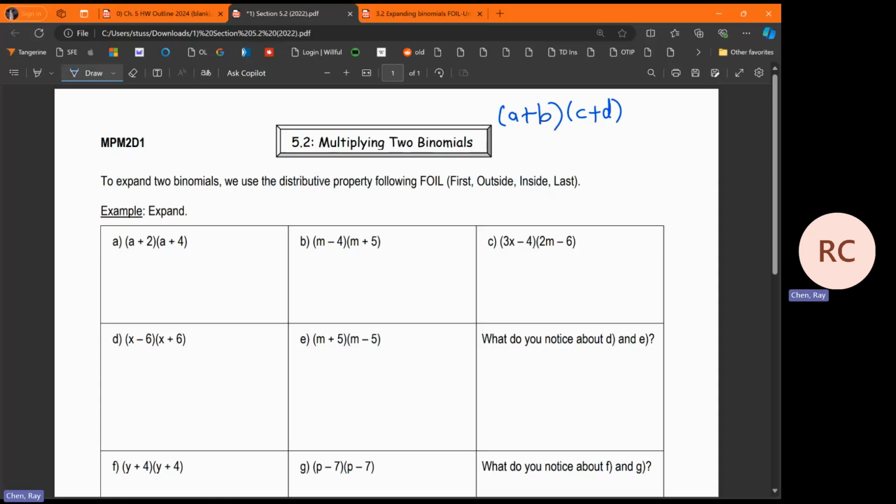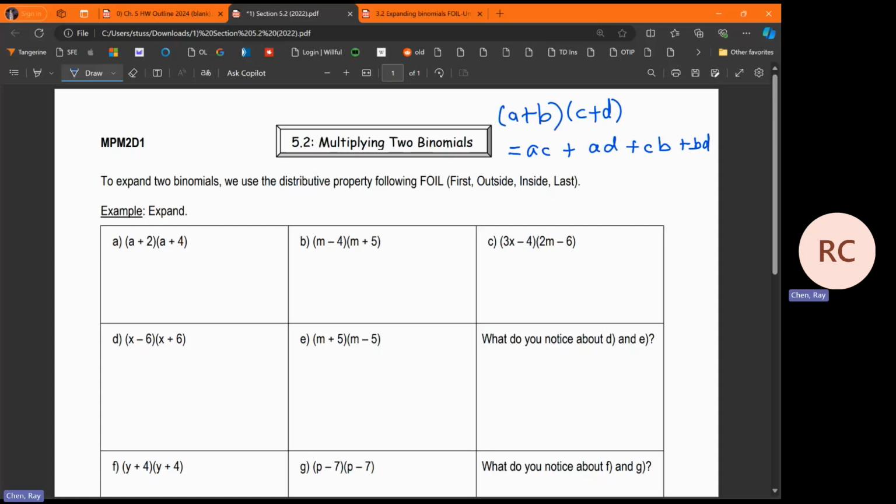So in the general example, (a + b) times (c + d), we're going to multiply those out, and we should get this as an answer: ac + ad + cb + bd.